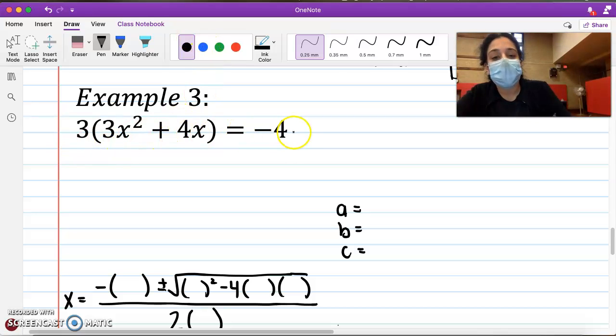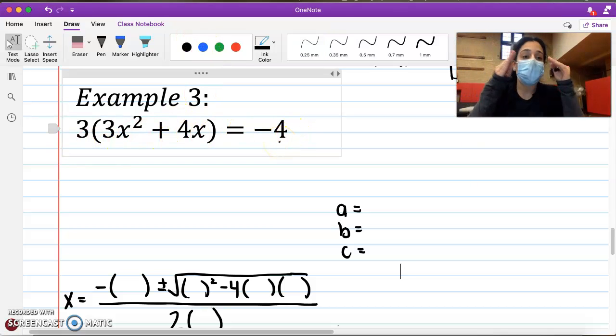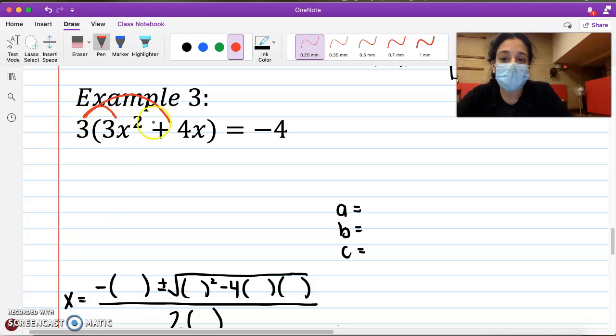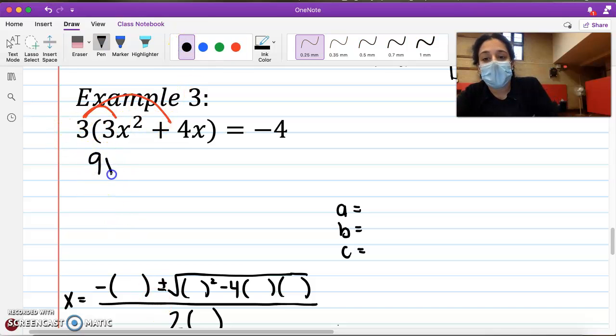So in order to do this, we're going to learn about two other types of solutions. We're going to learn about one solution, and we're going to learn about no solution. Okay? Now, this is not in standard form. It's nowhere near standard form, so we're going to distribute that 3. We get 9x squared plus 12x equals -4.